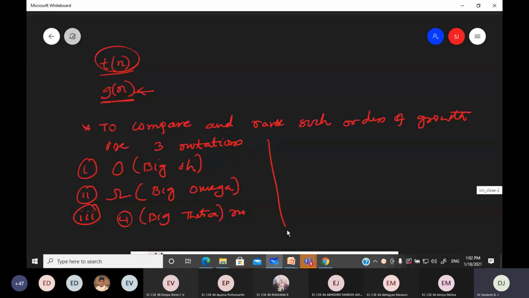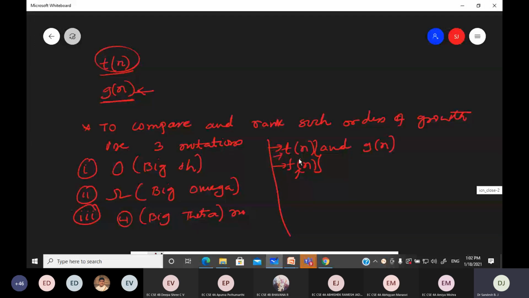In our discussion, we will use two functions t of n and g of n, or it could be f of n and g of n. If I use f of n and t of n in my lecture, it indicates both. It's some function by which we are evaluating the time taken to execute the given algorithm for certain input.